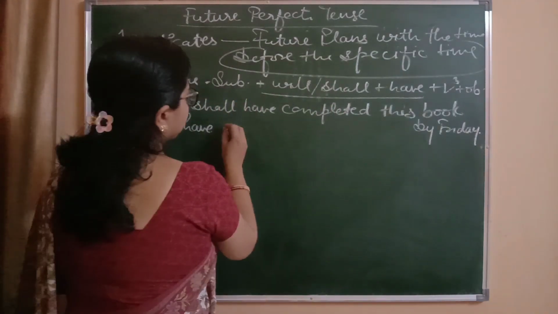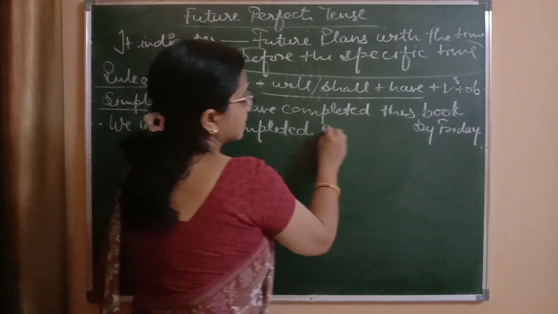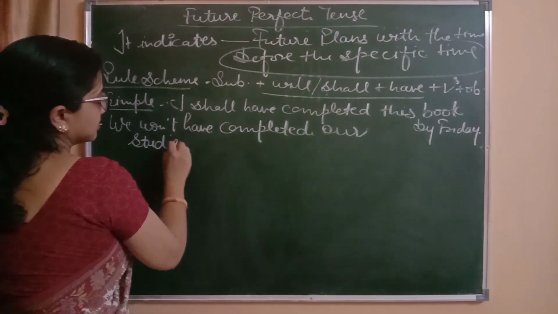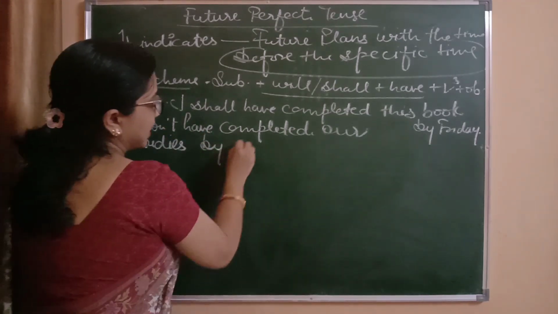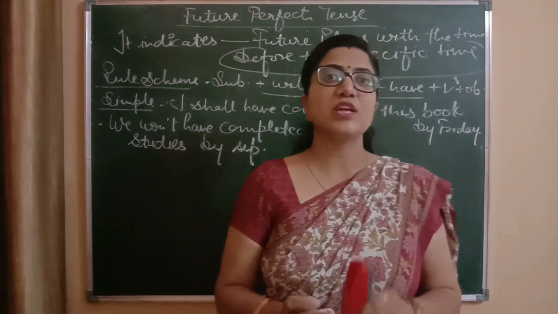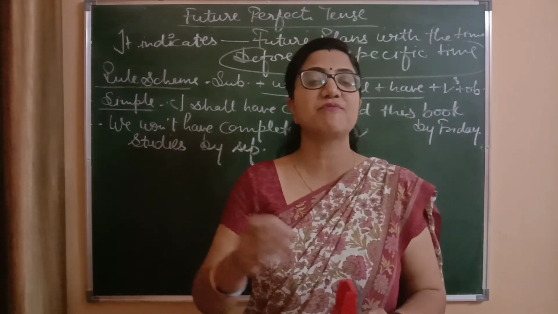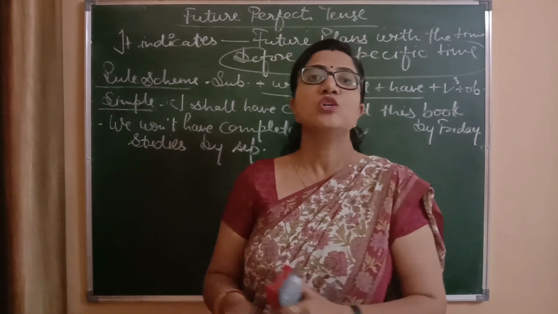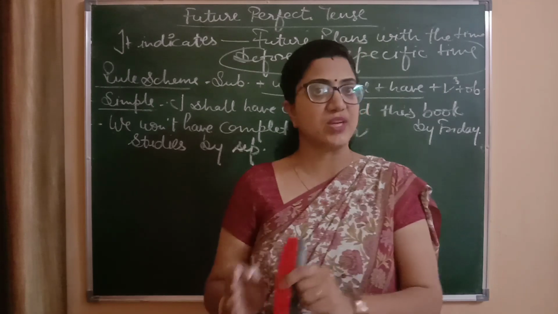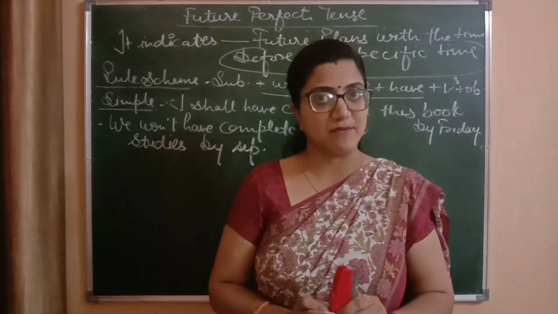It means we are not going to complete or finish our studies before September. Means after September we'll continue to finish our studies. You can use not after will or shall. Means shall not have or will not have, plus third form you have to add.